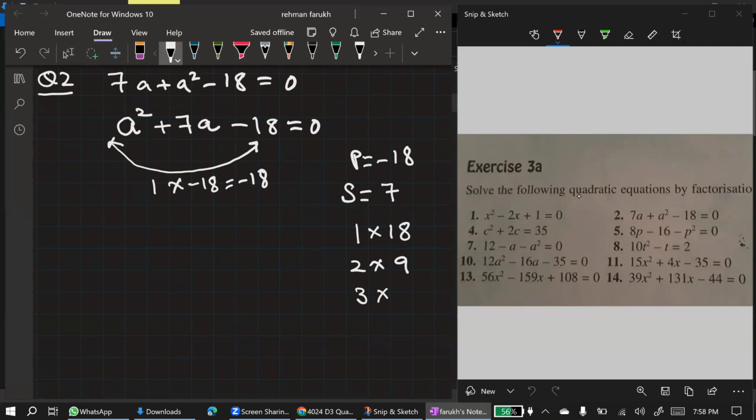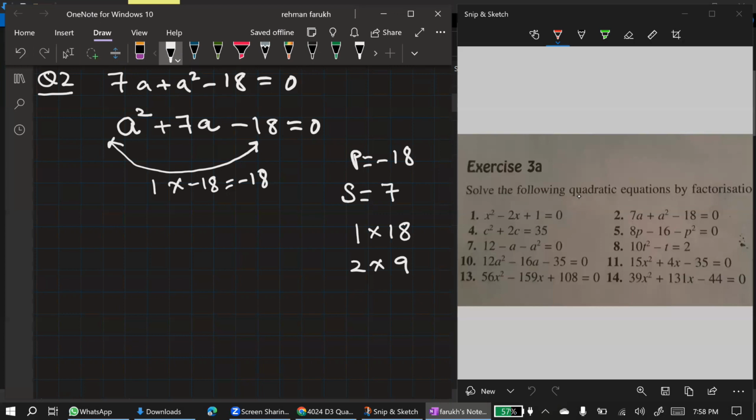Can we make 7 from 2 and 9? Yes. How? Plus 9a minus 2a. Yes.